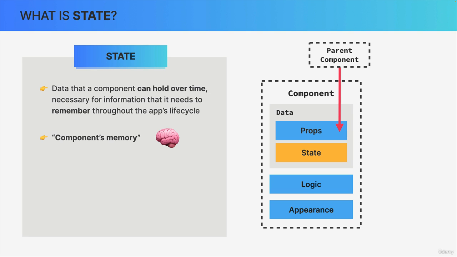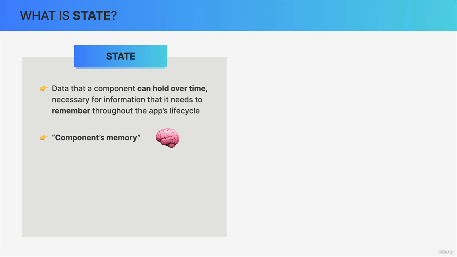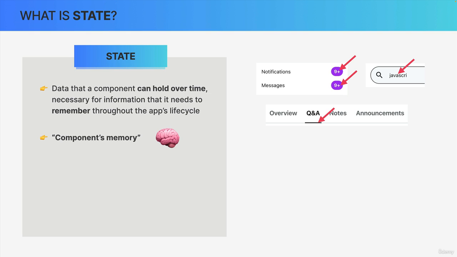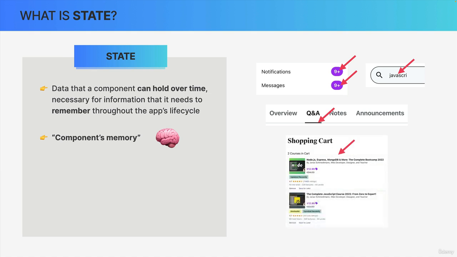So that can be quite a helpful analogy, I think. Now, examples of state can be simple things like a notification count, the text content of an input field, or the active tab in a tabbed component. It can also be a bit more complex data, for example, the content of a shopping cart. Now, what all these pieces of state have in common is that in the application, the user can easily change these values.